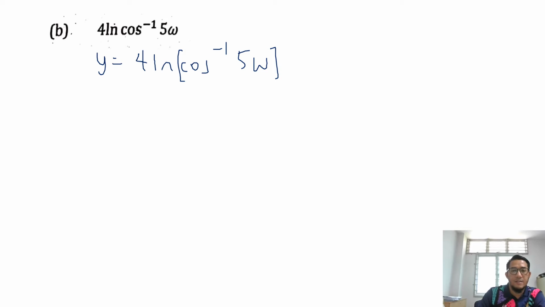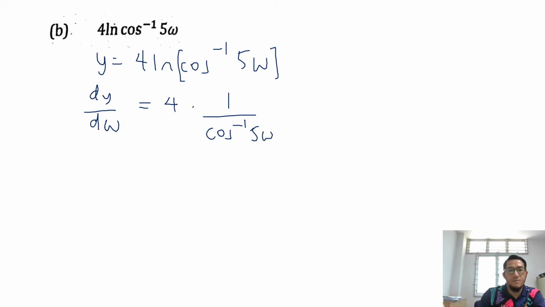Alright. For this question, we need to apply chain rule. Let's say dy/dw equals 4, you just bring it forward, and differentiating ln you get 1 over cos inverse 5w. And then we differentiate cos inverse.